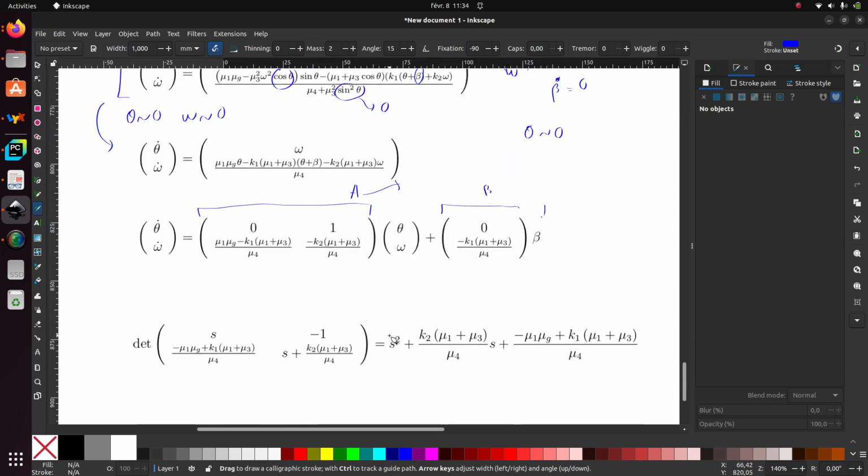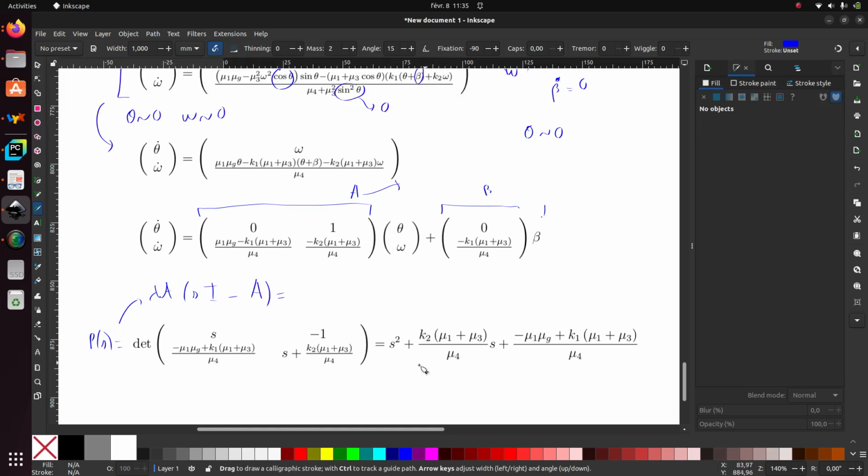So for the stability analysis, to compute the eigenvalues, I will compute the characteristic polynomial P of S, which is equal to the determinant of SI minus A, which corresponds to this quantity.